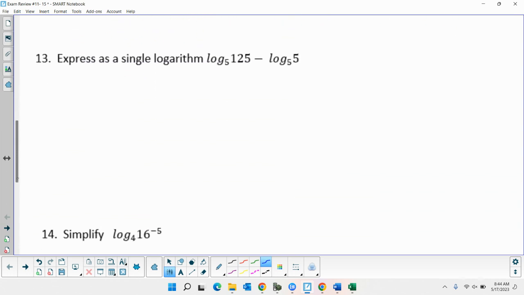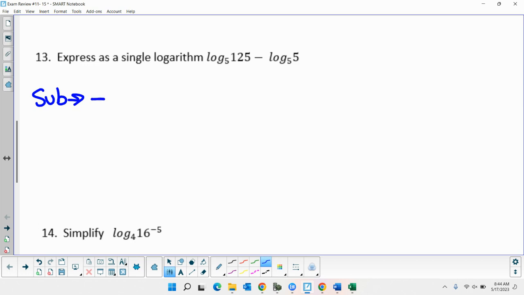All right. How do you turn a subtraction of 2 logs into a single log? Subtraction you turn into what? Division. Good. Addition you turn into multiplication. Right? So if this was addition, I'd multiply 125 and 5 when I turn it into a single log.